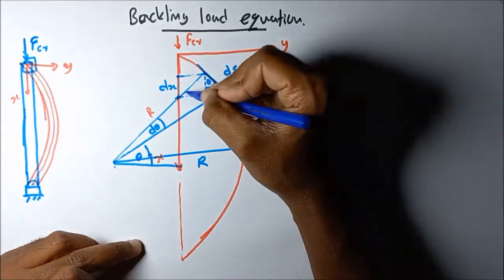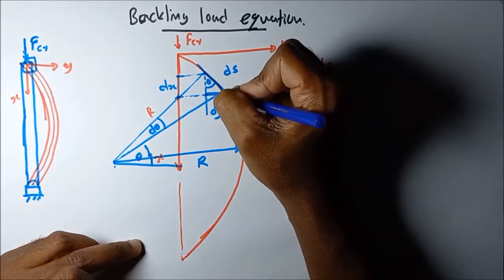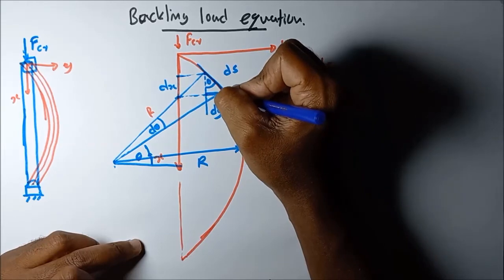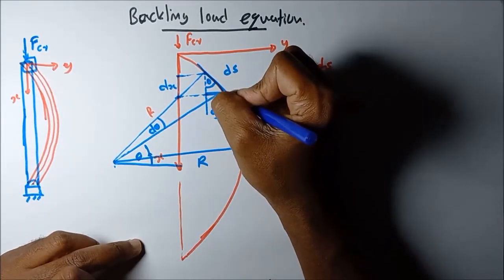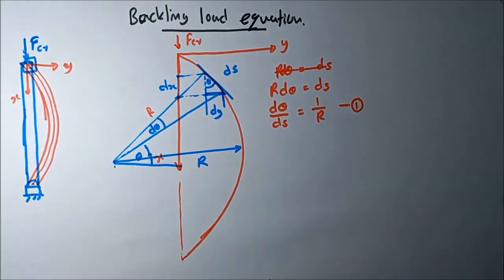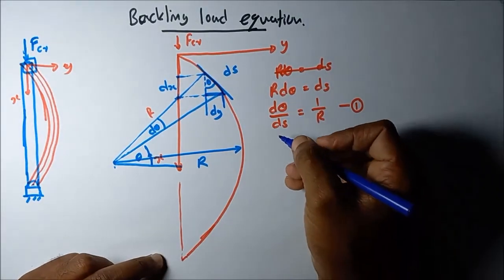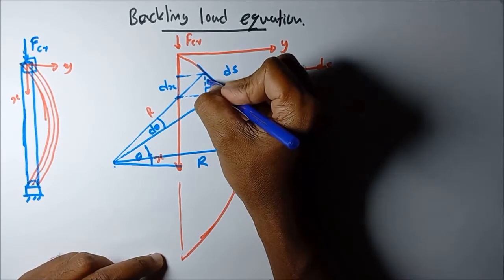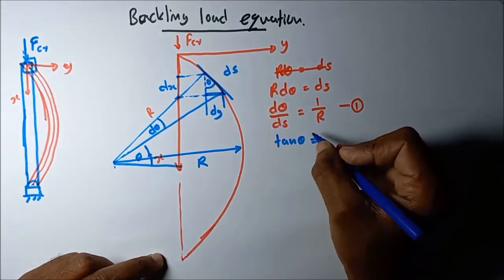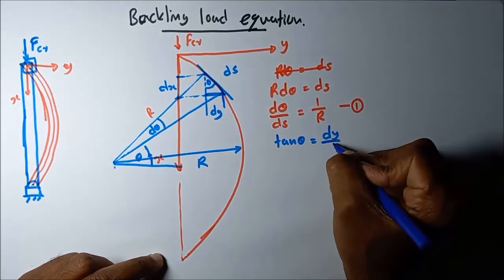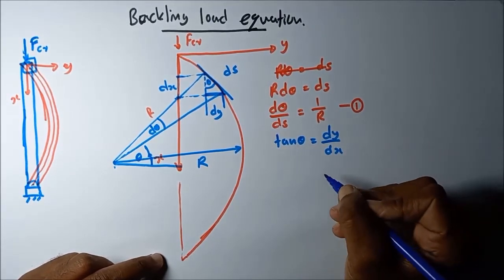For the dx length, the difference of the deviation, let's take it as dy, the lateral deviation. So then we can say here this angle is theta. We can write tan theta is equal to dy divided by dx.